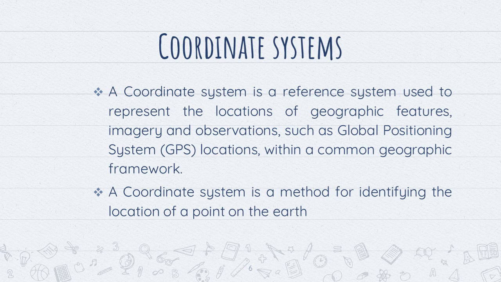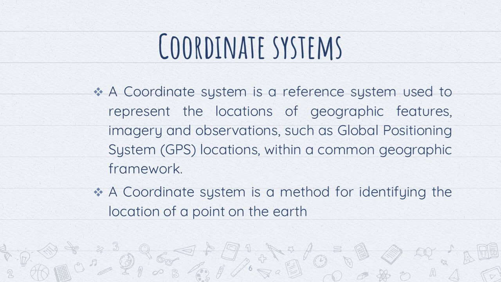When we solve problems in electromagnetics, for example, finding the electric field at a point, the position is expressed in terms of coordinates. So, the coordinates are specified by the coordinate system.